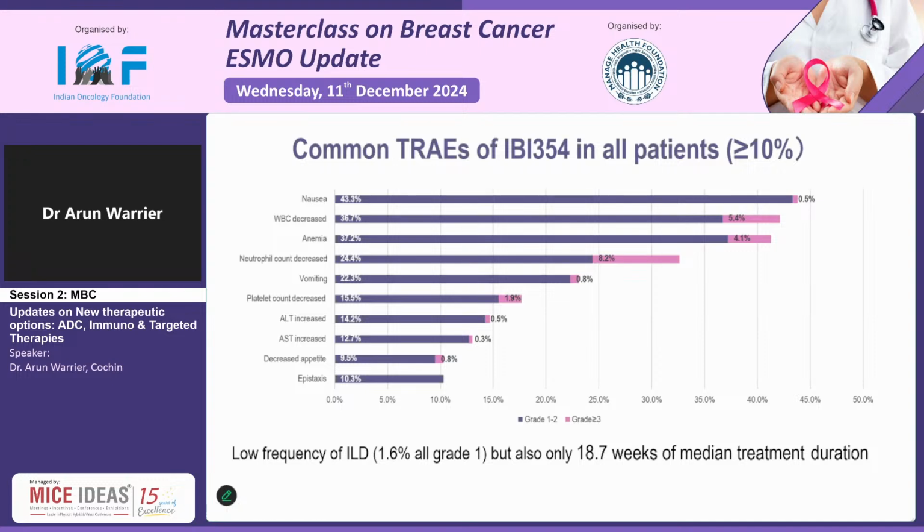And again, at phase 1 trial, we are mainly looking at the treatment-related adverse events, and nausea, reduced WBC, anemia top the list. And there are some issues of epistaxis also, which seem significant at 10.3%, but they were just grade 1 to 2. So basically, grade 3 are the anemia, neutropenia, and nausea. So low frequency of ILD is there, but then the treatment duration is again less, so we really can't comment on it.